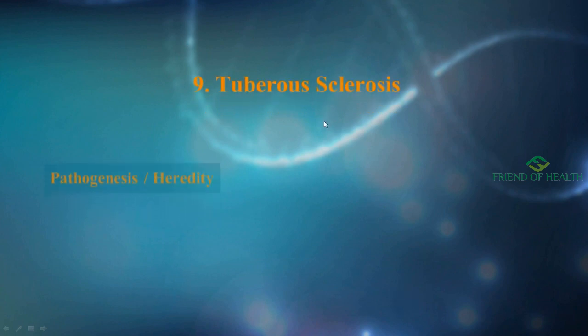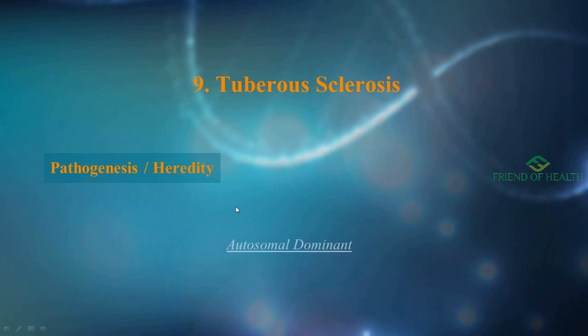Ninth one is tuberous sclerosis. So pathogenesis is autosomal dominant.